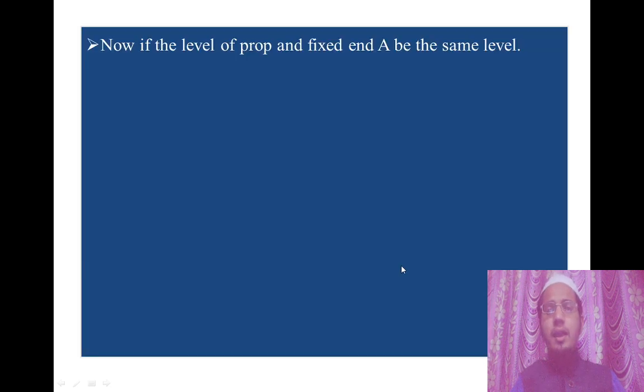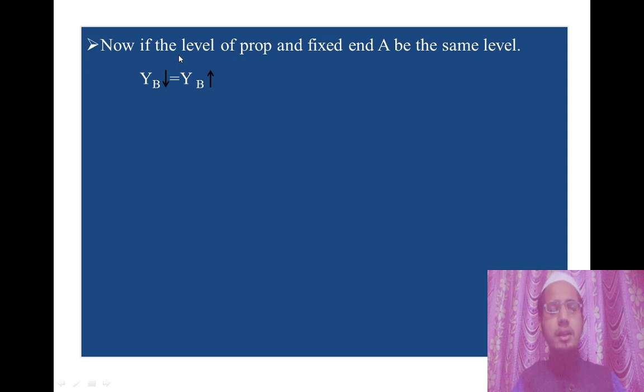Now if the prop and the fixed end A are at the same level, then the upward deflection due to the prop will be equal to the downward deflection due to the UDL in the cantilever.